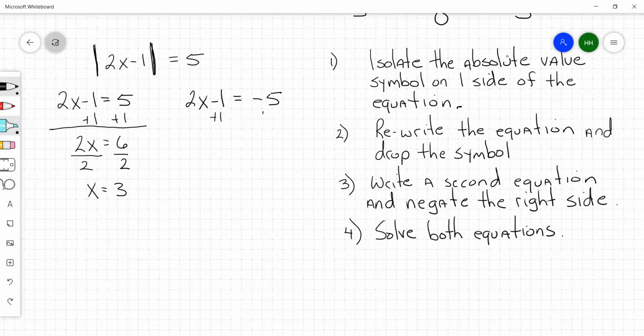Add 1 to each side. 2x is equal to negative 4. Divide both sides by 2. X is equal to negative 2. And we can put the word or in here. X is equal to 3 or it's equal to negative 2.